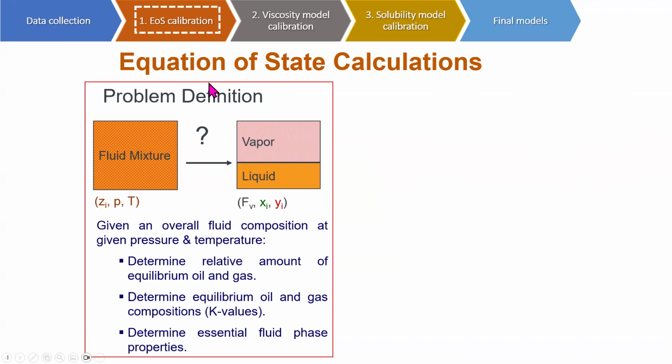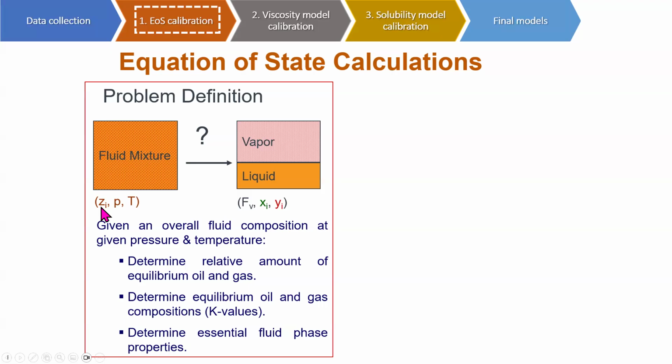So just to sum up some ideas behind the equation of state calculations. At a given pressure and temperature, the equation of state can provide you the relative amount of oil and gas in equilibrium. For example, if you have an initial fluid mixture, this fluid mixture can be characterized by a global mole fraction.